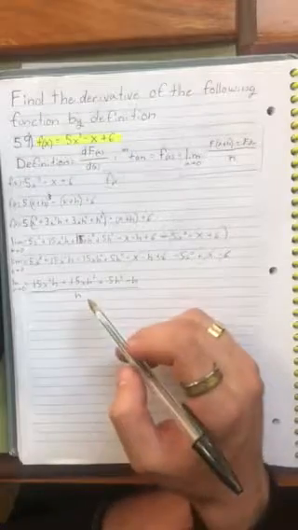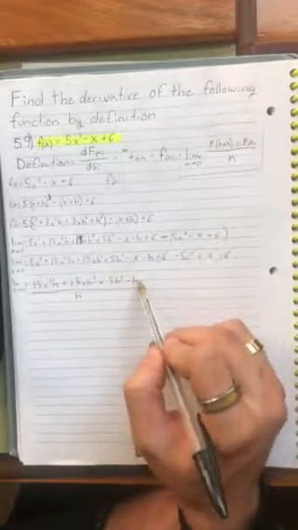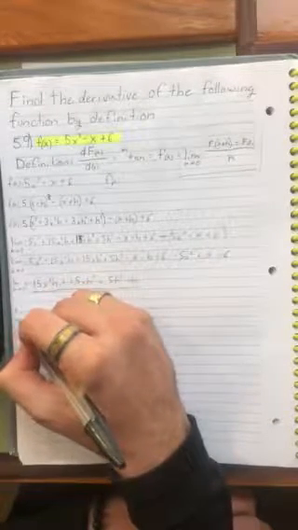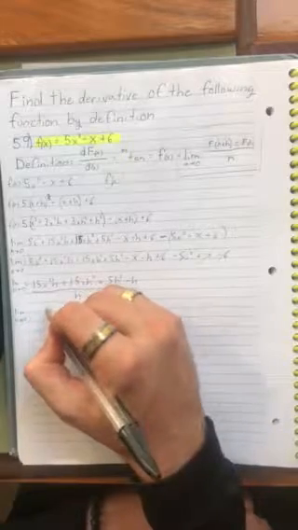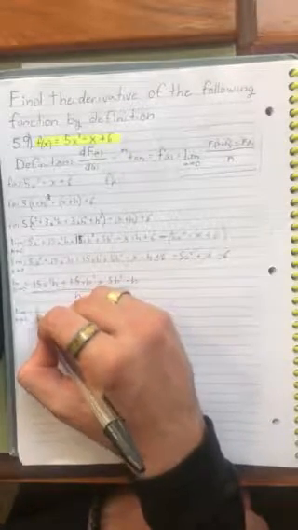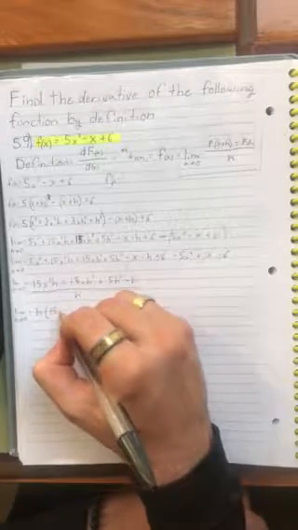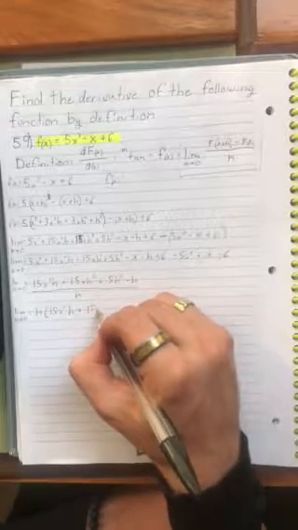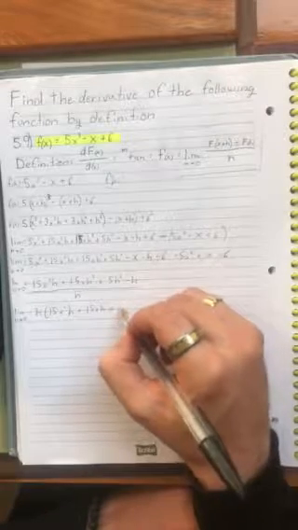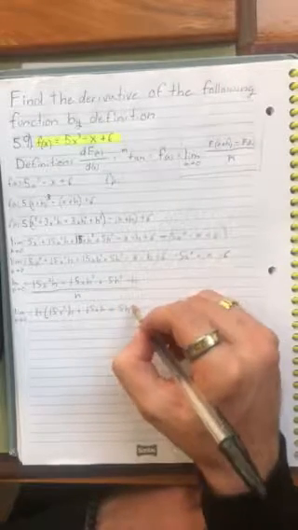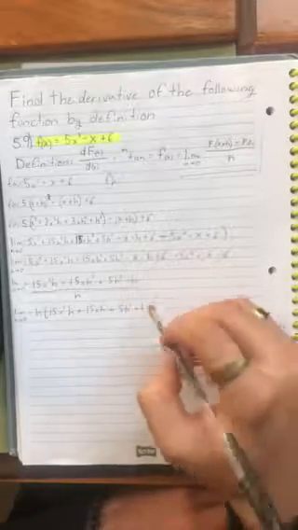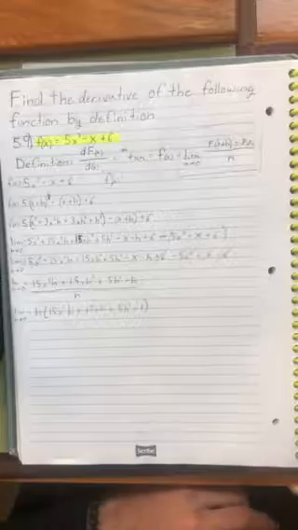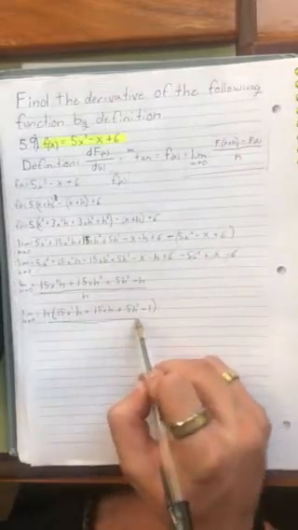To do this, I'm going to take out an h out of this part of the equation, and this will leave us with limit h equal to 0 equals h times (15x squared plus 15xh plus 5h squared minus 1), divided by h.